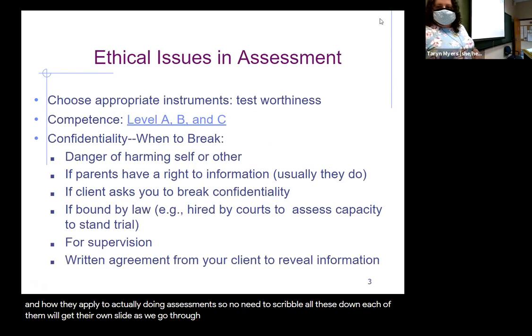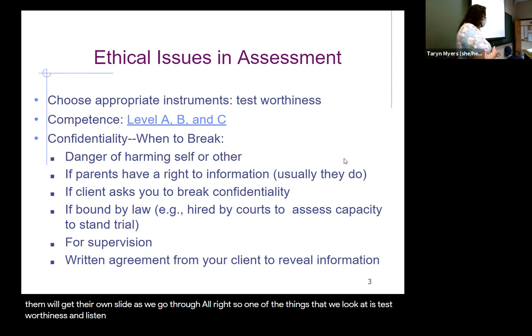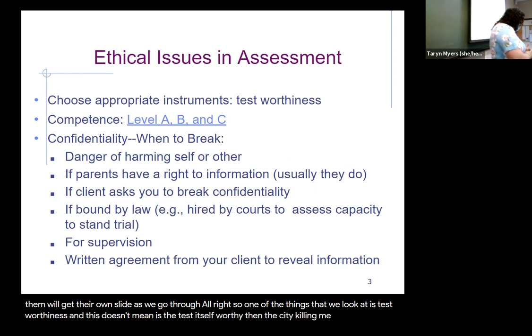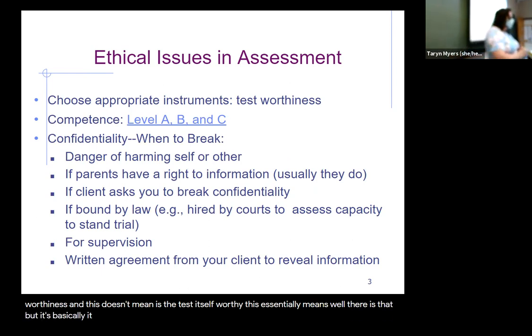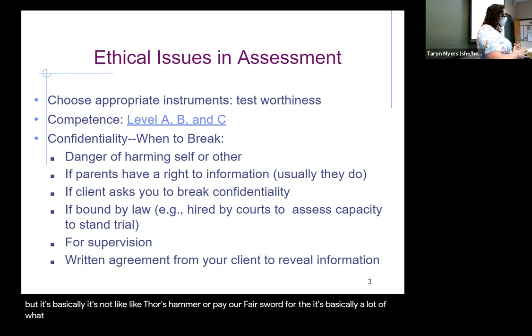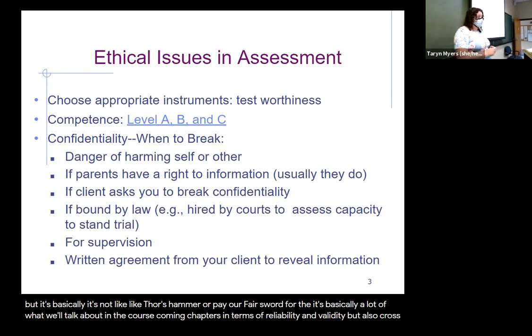All right, so one of the things that we look at is test worthiness. This doesn't mean is the test itself worthy, not like Thor's hammer or King Arthur's sword type of worthy. It's basically a lot of what we'll talk about in the forthcoming chapters in terms of reliability and validity, but also cross-cultural fairness.